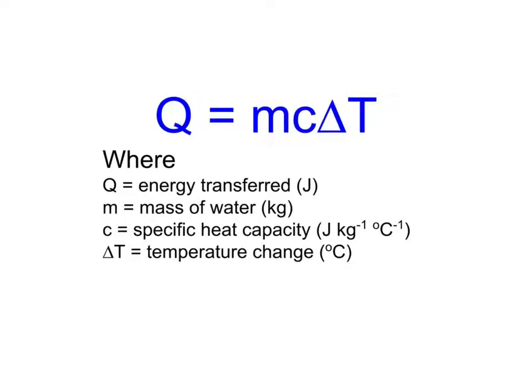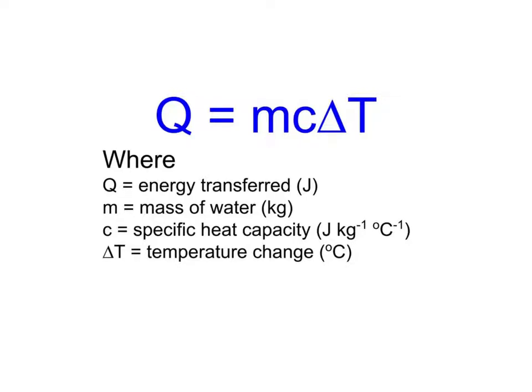Now, we've got to be very, very careful with our units. The energy that's transferred is measured in joules. The mass of the water, the surroundings of our material, in the case of the metal blocks, is water. So we have to talk about the mass of water that's there.